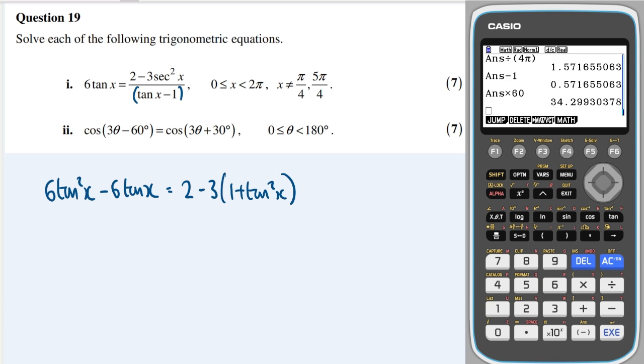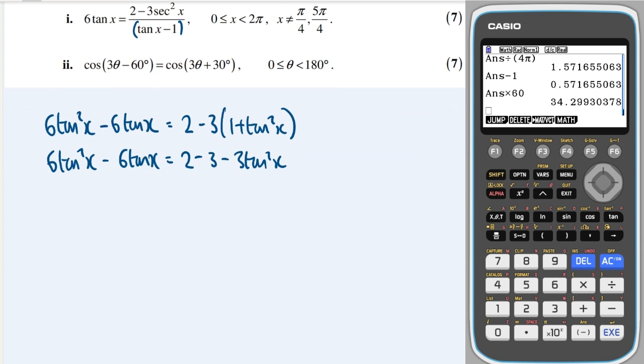Great, so let's multiply out to get 2 minus 3 tan squared x. Let's bring them all over to one side, and we'll get 9 tan squared x minus 6 tan x, and that's minus 1. Bring it to this side, plus 1 equals 0.